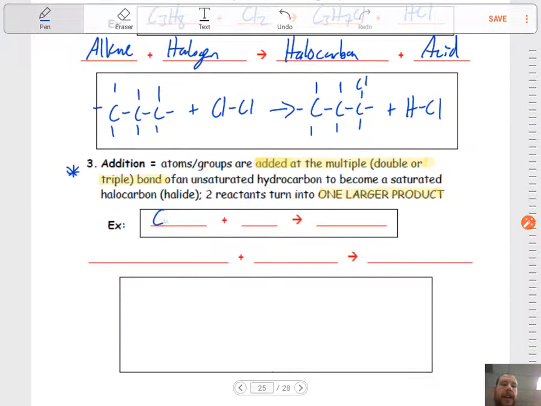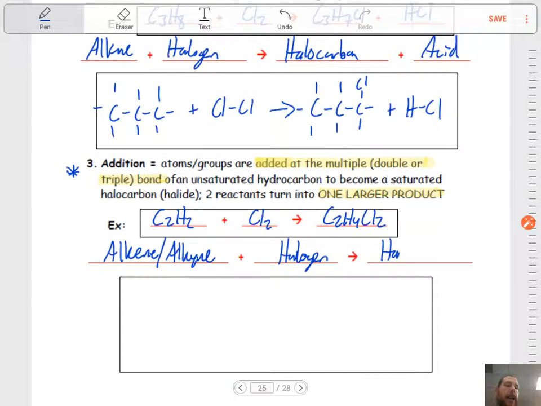So something like an alkene, so this is ethene, plus your halogen, and it's going to be C2H4Cl2 in the end. Again, you're adding in here, so it's becoming a part of the larger molecule. So an alkene, or it could be an alkyne, plus a halogen, yielding a halocarbon.